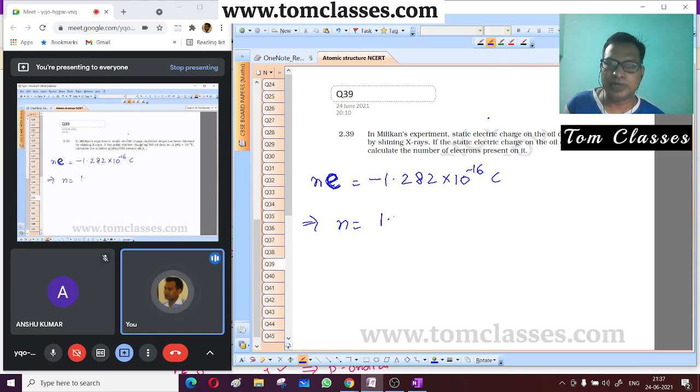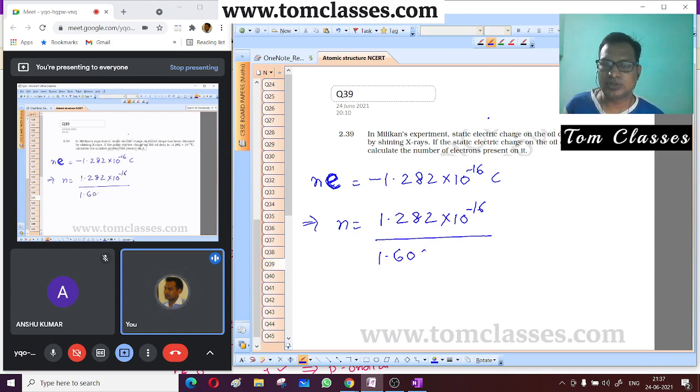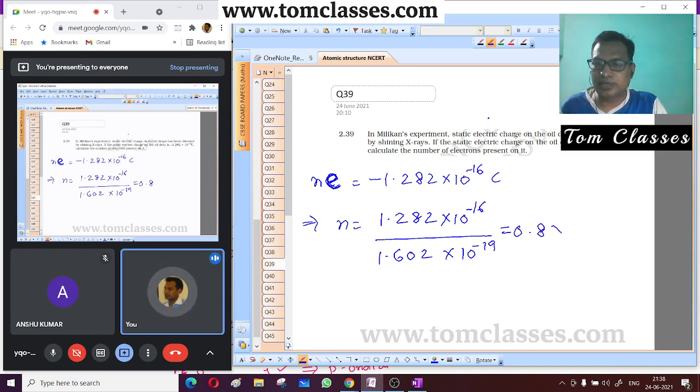The number of electrons is 1.282 into 10 to the power minus 16 divided by 1.602 into 10 to the power minus 19 coulomb. 1.282 divided by 1.602 is 0.8, so 0.8 into 10 to the power 3 electrons. So approximately it is 800 electrons.